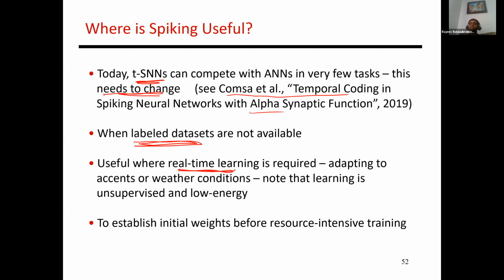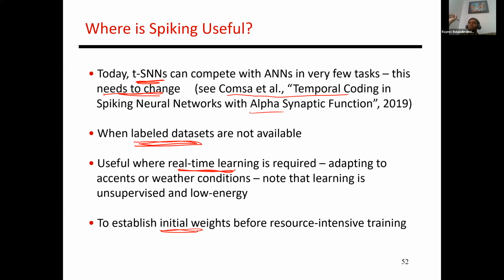Okay, another example is to use STDP to establish initial weights, right? It's basically saying that early on the weights are way off, right? And I don't need to do stochastic gradient descent over several epochs to figure out what those initial weights should be. Maybe I use something like STDP, which consumes a lot less energy, gets me to a good initial point, and then from that point on, I can use the more resource intensive SGD to nudge the weights further and make them even better, right?